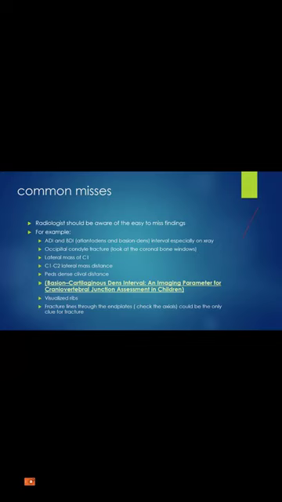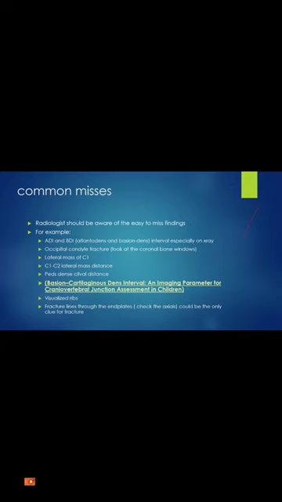Radiologists should be aware of easy to miss findings such as the ADI, atlantodens interval, or basion-dens interval, and occipital condyle fracture. Usually I look at the coronal plane specifically to see if there is a chip fracture at the occipital condyle. Lateral mass of C1, C1-C2 lateral mass distance, in the pediatric age group.